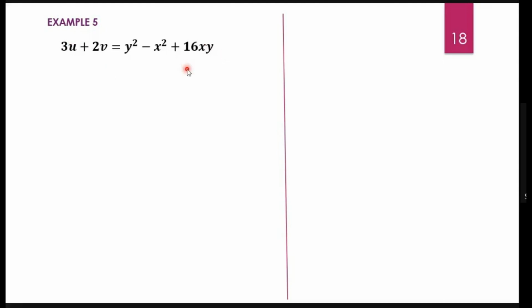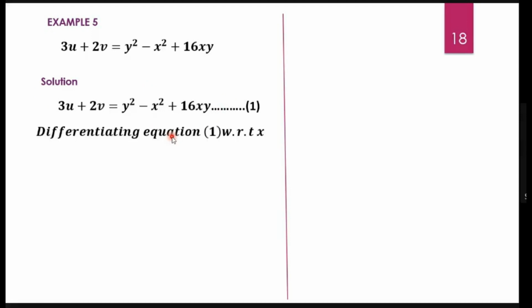So what will we do? I take this as equation 1. Now this equation I will differentiate partially with respect to x. Yes, so we have to differentiate this partially with respect to x. The derivative of 3u will be 3ux, the derivative of v will be vx, the derivative of y squared is 0 because we are differentiating with respect to x, the derivative of x squared is 2x and the derivative of 16xy is 16y. So we are differentiating equation 1 partially with respect to x. Why are we doing it partially?